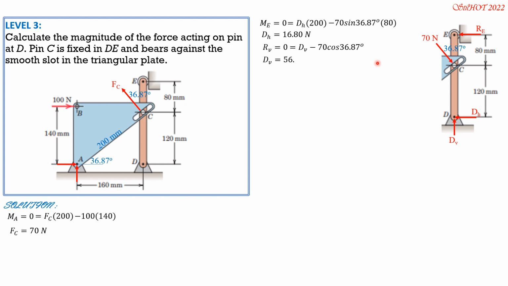So this V is equal to 56.00 newtons. Finally, the magnitude of the reaction at D, or force on pin D, is the square root of 16.8 squared plus 56 squared. So R sub D, or force on pin D, is 58.47 newtons.